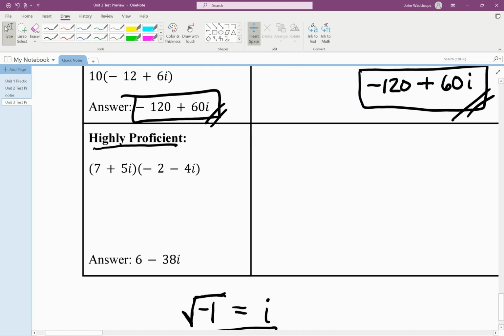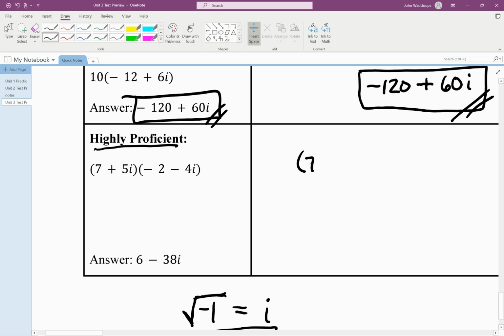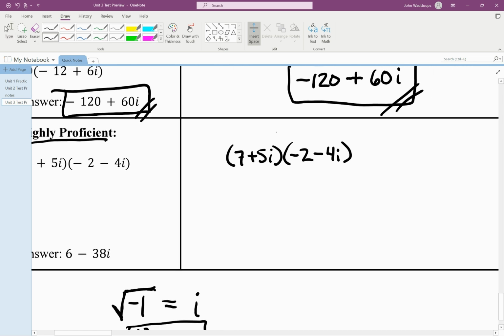So if I take 7 plus 5i, and I multiply that by -2 minus 4i. Keep in mind, we could do this with the distributive property using those lines there.